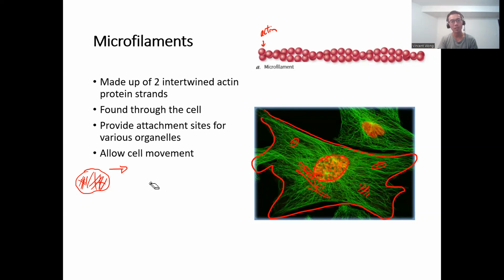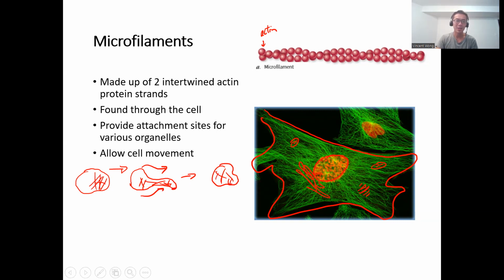So if the cell wants to move this way, it needs to break down all the actin at the back, and then it will shove those actin forward. What that will do is allow the cell to extend like this, with all the actin. Then it will grab onto a new point and pull the rest of it forward, and now you would have inched forward.